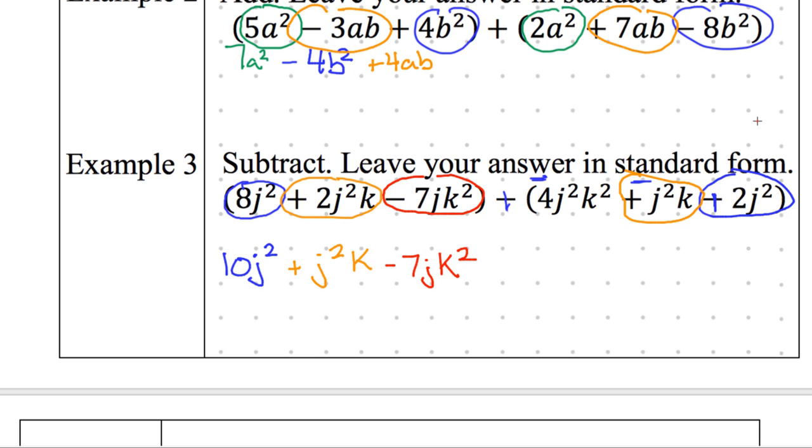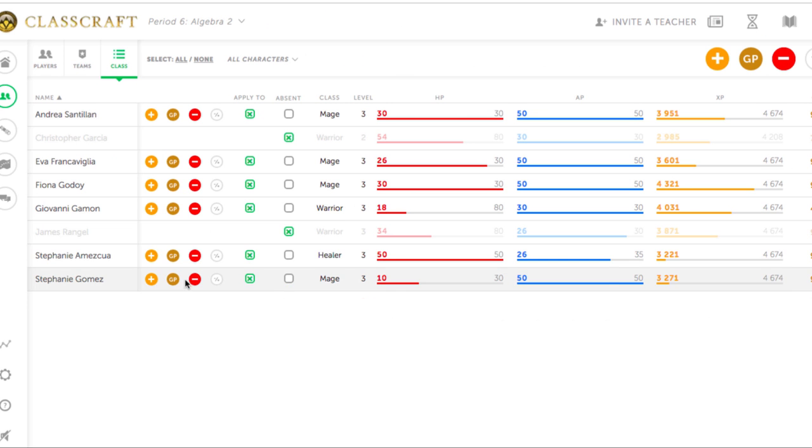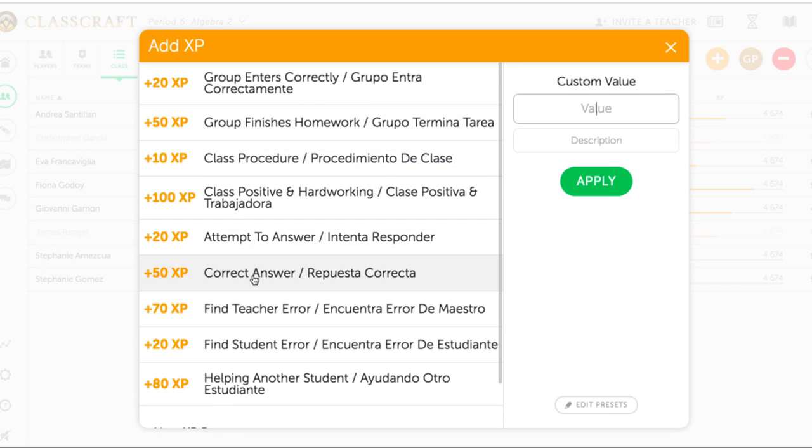And then what's my final step? Either Gio or Steph? Wait. Oh, I guess that would be the final step. But what's the next step I should ask? You subtract 4J squared. There it is. Thank you, Steph. And then Gio's going to put it in standard form for us.